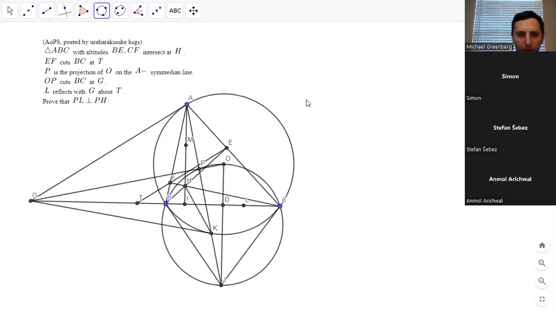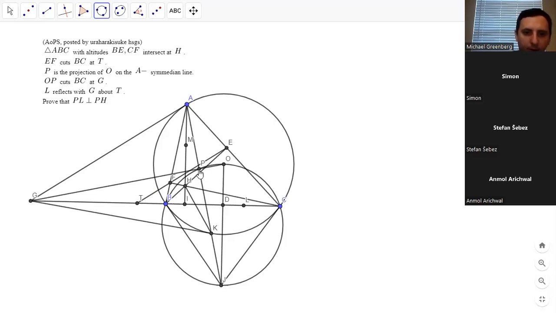So maybe there's another way we can do this. Maybe we could try to find the angle that EF. Well, actually, I think this should be doable. We want to show the angle that EF makes with BC. Oh, actually, never mind.